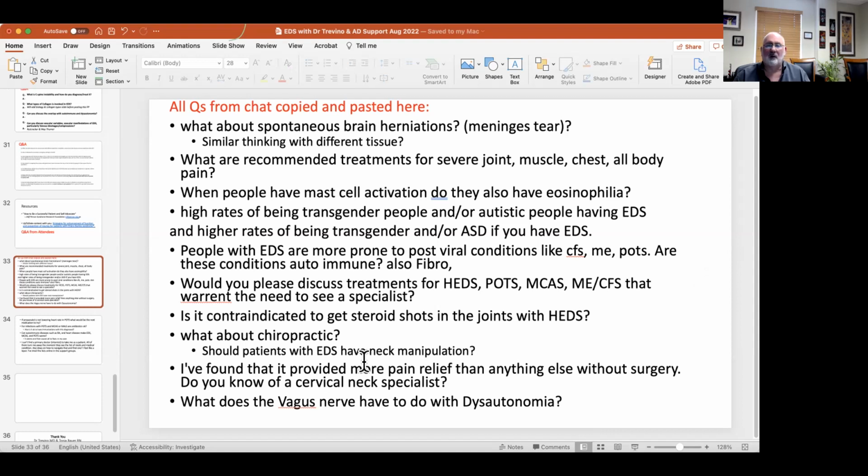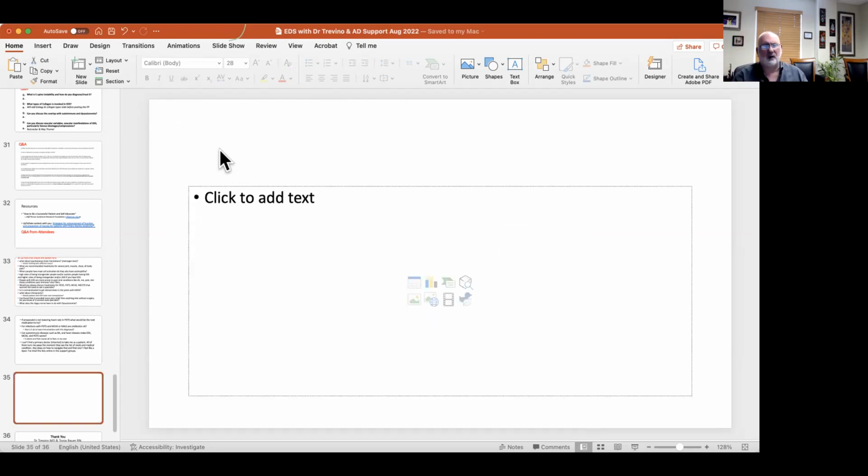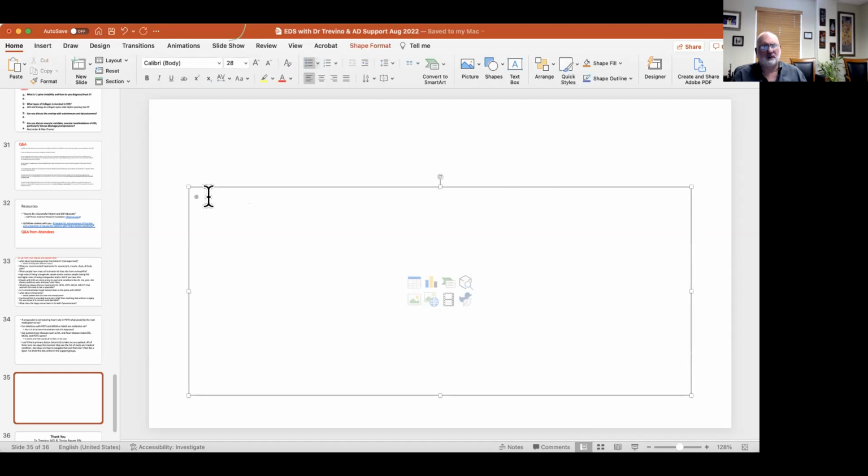Thank you, Dr. T. What are the recommended treatments for severe joint, muscle, chest, and body pain? So it depends on where the pain is coming from. If the pain is coming from the joints and muscles, it's one thing. If the pain is coming from nerves, or from fibromyalgia, which is considered a neuropathic pain as well, or from somewhere else, it usually takes a little figuring out where the pain is coming from.